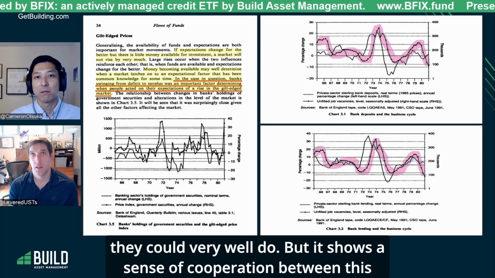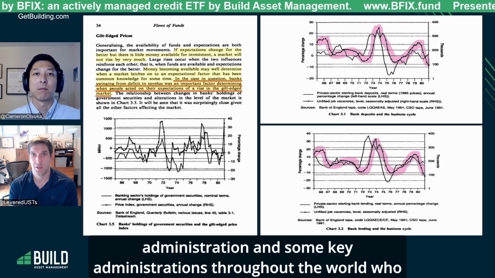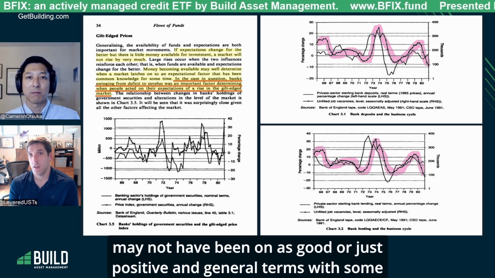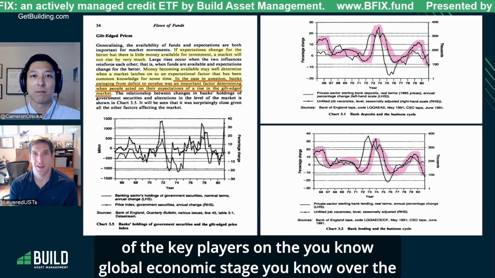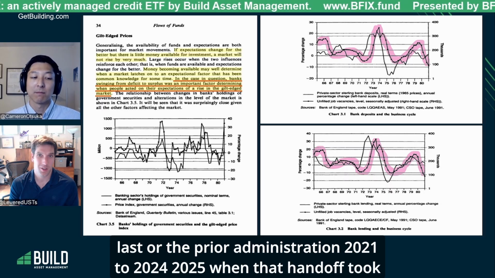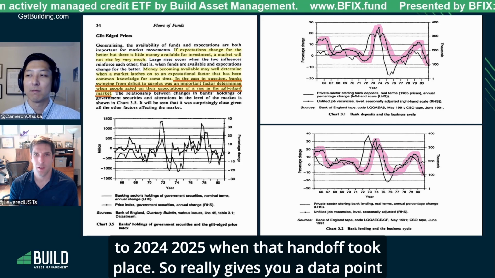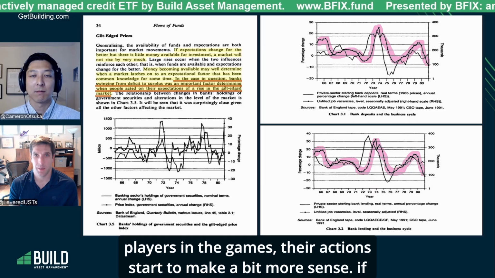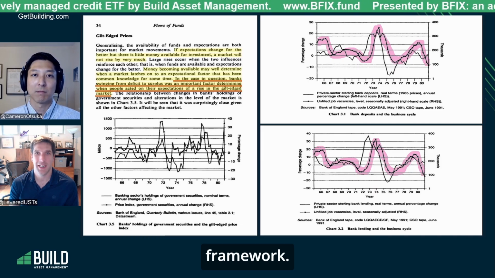But it shows a sense of cooperation between this administration and some key players in the world who may not have been on as positive terms with the prior administration, 2021 to 2024, 2025, when that handoff took place. So it really gives you a data point where some of the biggest players' actions start to make a bit more sense if you think about it in the liquidity theory of money and asset prices framework.